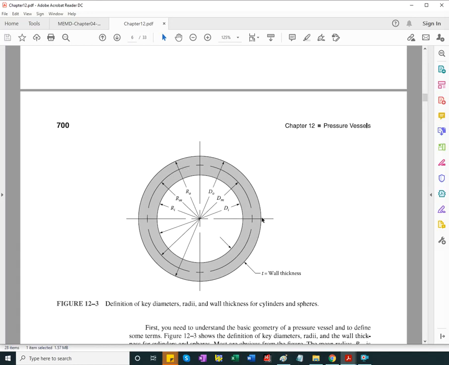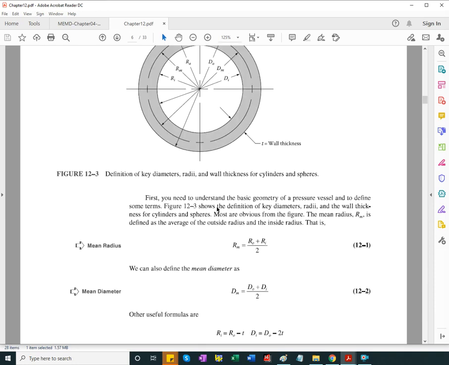So don't forget to divide by 2 when subtracting the inner diameter from the outer diameter. The mean diameter is, of course, the outer diameter plus the inner diameter divided by 2, or the inner diameter plus thickness, or the outer diameter minus thickness. Alright, so please pay attention.